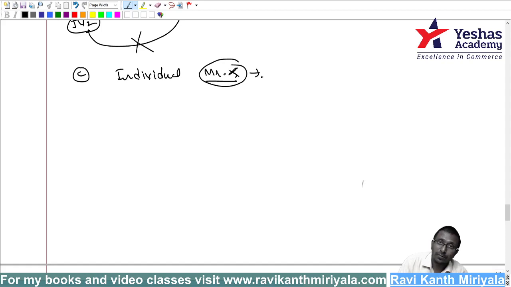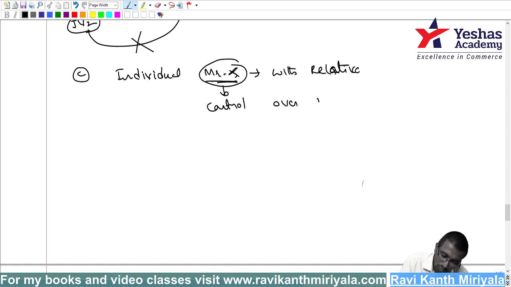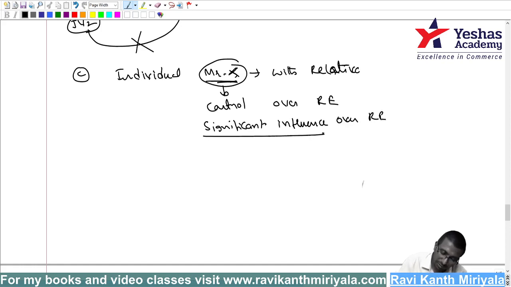Either he himself or with family, with relatives, if he himself has control over the reporting entity, or he has significant influence over the reporting entity, then Mr. X is related. When do you say significant influence? 20% or above if you have the stake.